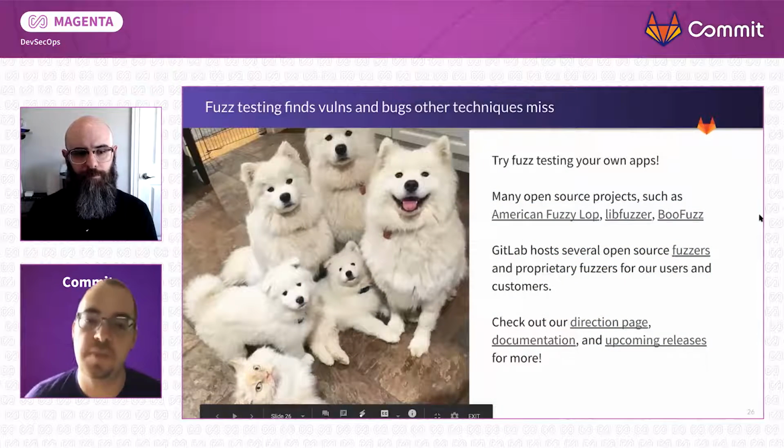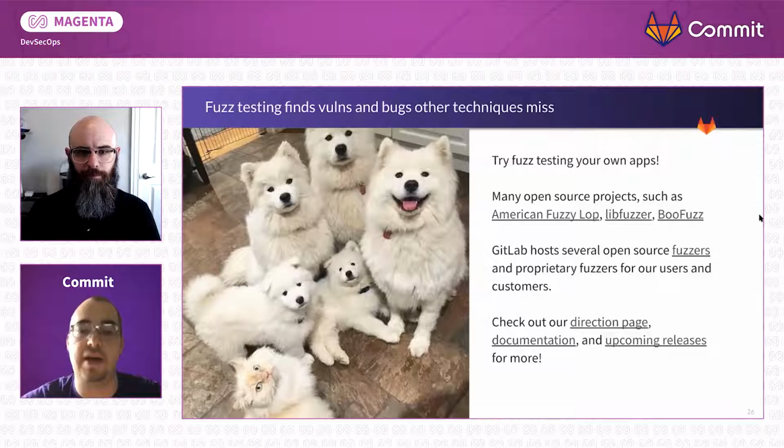So to sum up, fuzz testing is incredibly valuable to your apps because it's going to find vulnerabilities and bugs in your application that traditional QA and other security tools won't. We hope that by going through this presentation with David and I today, you've gotten excited about fuzz testing, you understand a little bit more about what it is, and you're hopefully going to be trying it in your own applications. Again, GitLab hosts several open source fuzz testers.